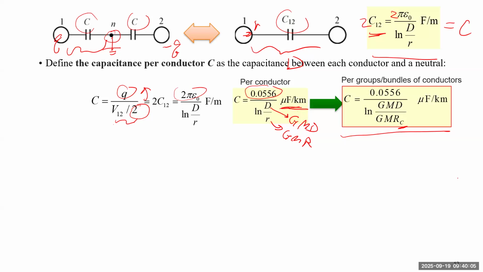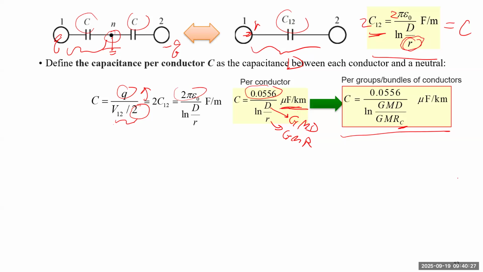Because, as I explained, the electric field doesn't stay inside of a conductor. So when you calculate the radius, you want to exclude the inside flux, the flux inside the conductor. So this GMR will be different. You already noted that. Here we use R in this case.